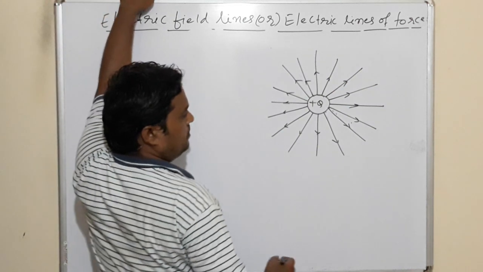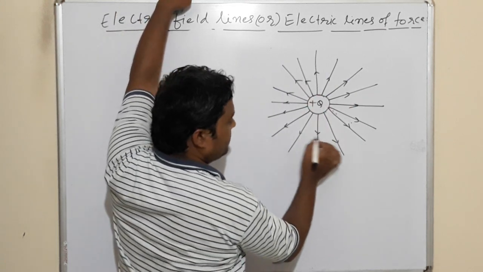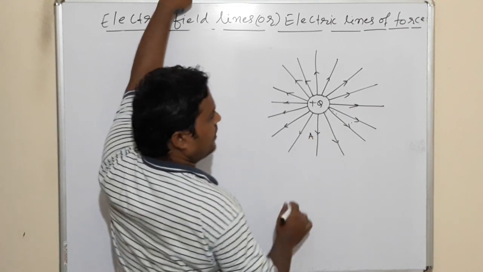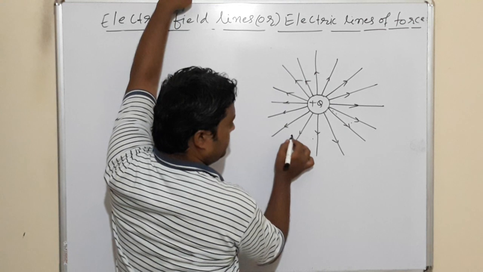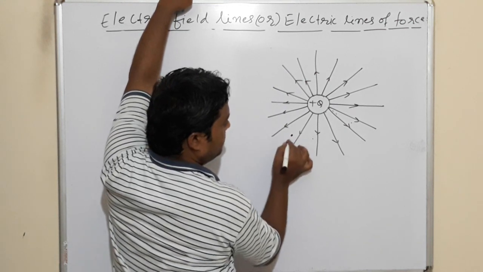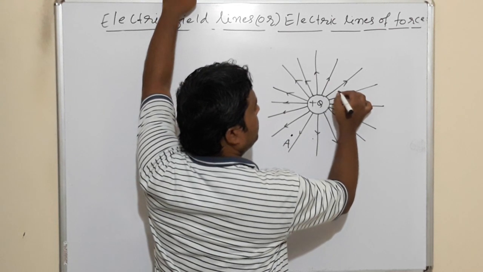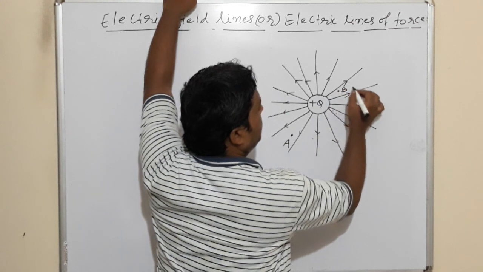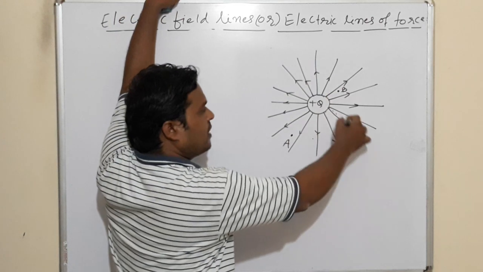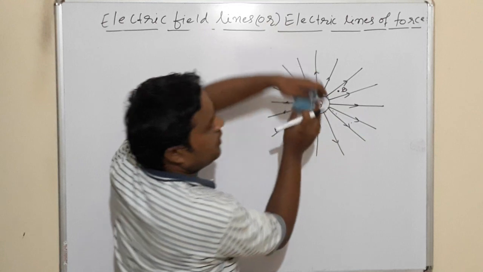Then what will I do? I will take 2 points anywhere around this. Here I will take point A at this position, and here anywhere I will take point B. Then through these points I will draw some small area which is perpendicular to these lines.